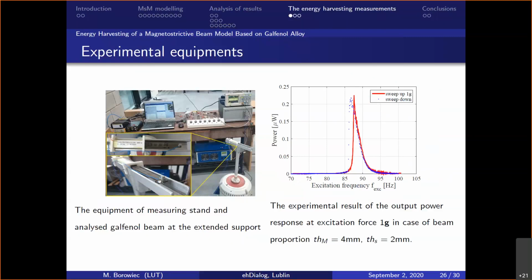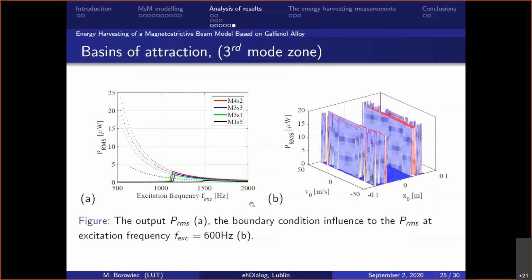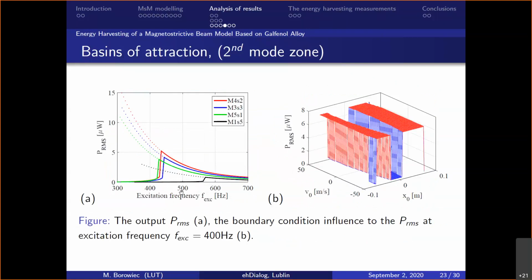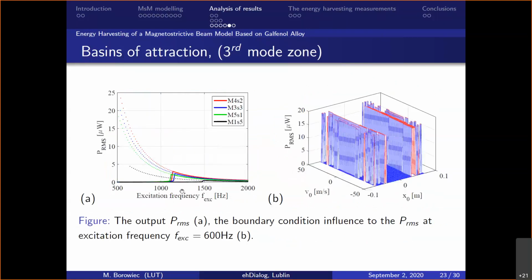Unfortunately, our equipment was able to measure only in the range of the first mode, up to, let's say, 120 hertz. But if we put the highest value of the hertz, let's say 1000 or even 500, it was impossible to measure.